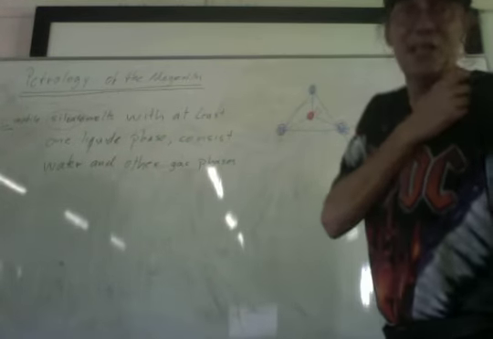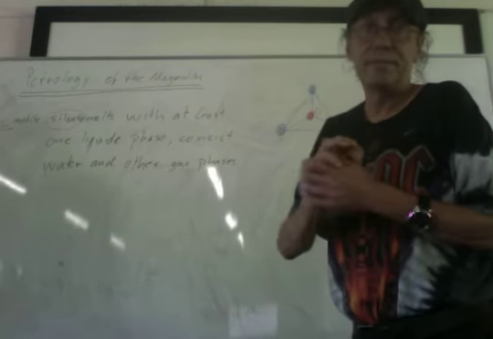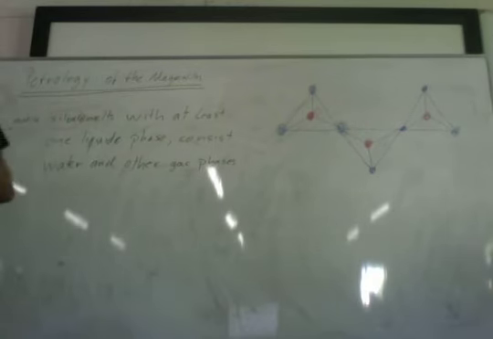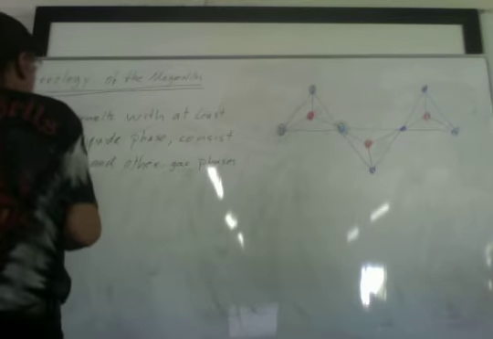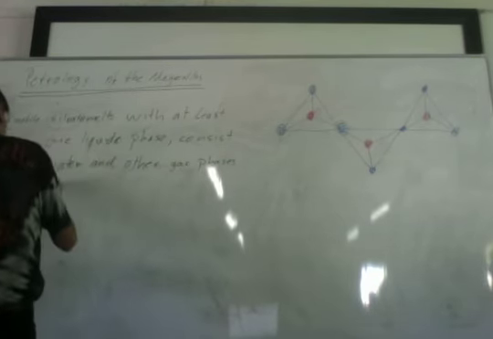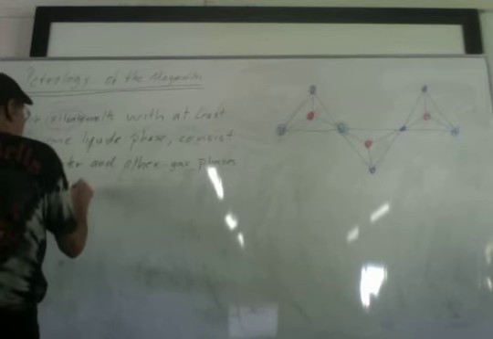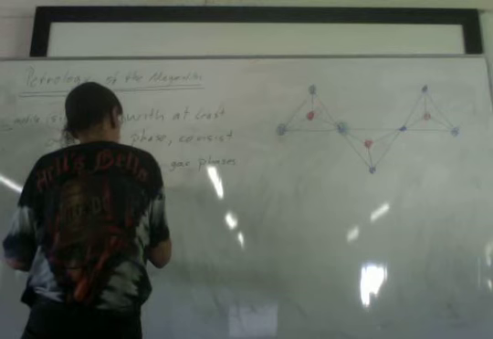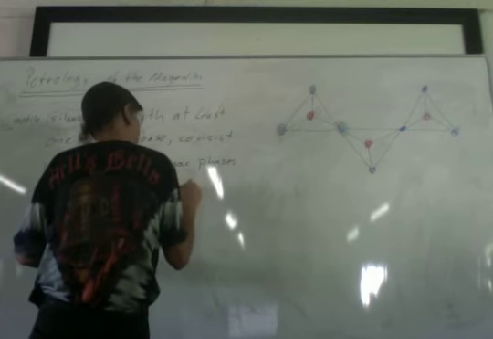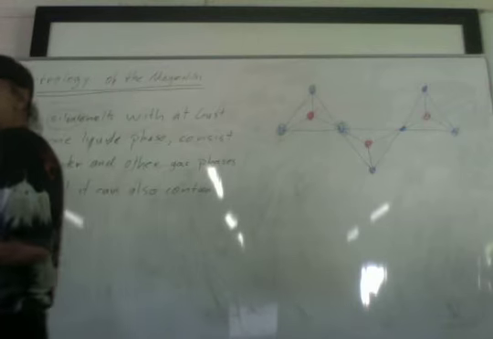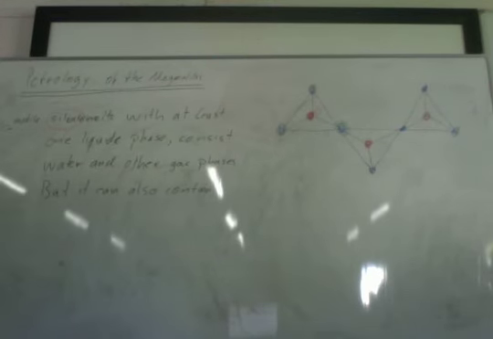So, and what else does such a melt contain? That is the melt itself, but it can also contain other things. What can it contain as well?